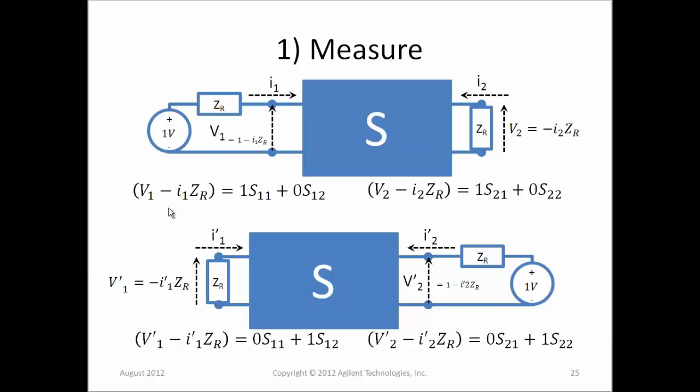And I don't even need to measure the current, because if I've measured the voltage here, I know the current because my reference impedance is known. So this is pretty easy to do. The second test setup, I would just reverse the connections at the ports. I have a 1 volt voltage source with an output impedance equal to the characteristic impedance. That forces my prefactors here to be 1.